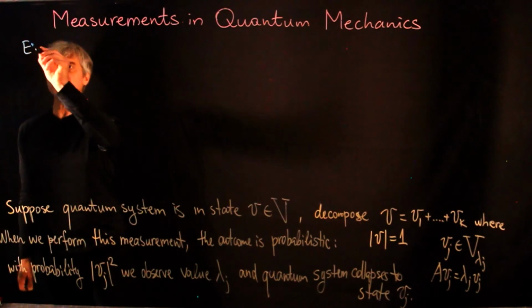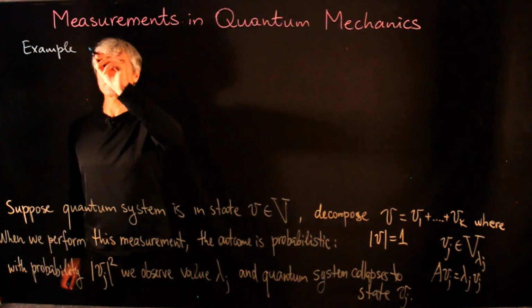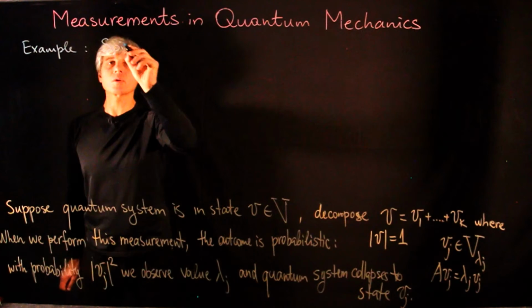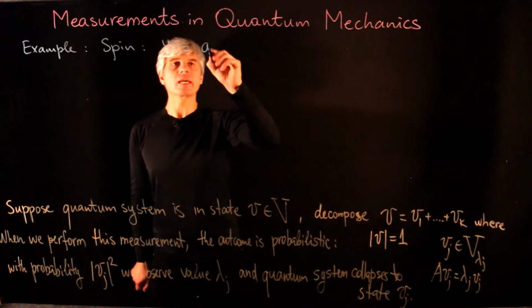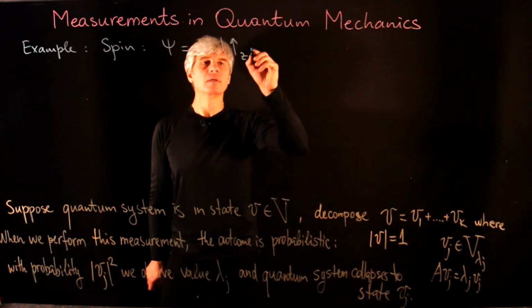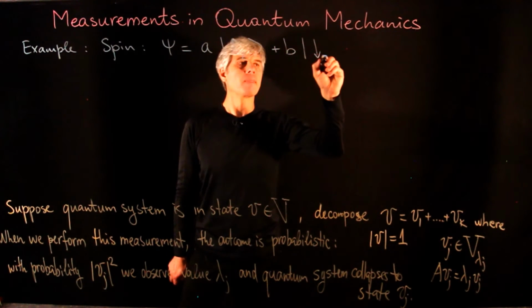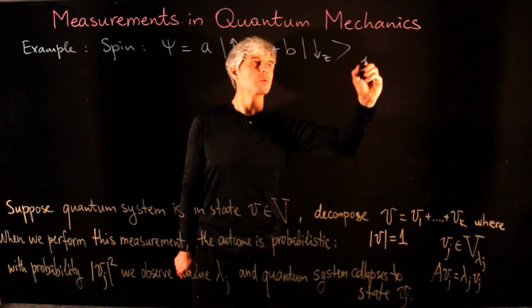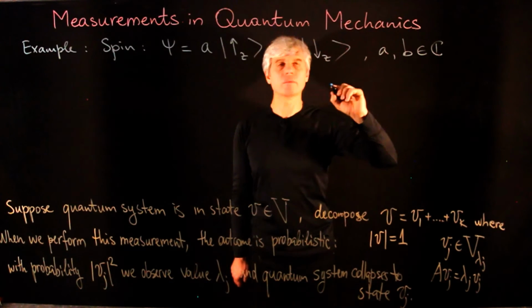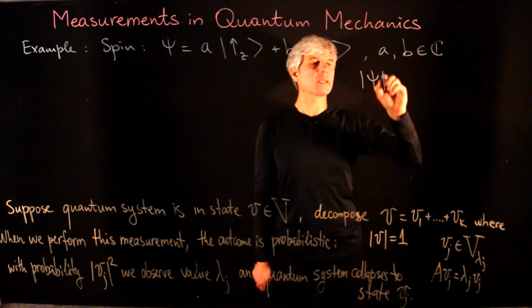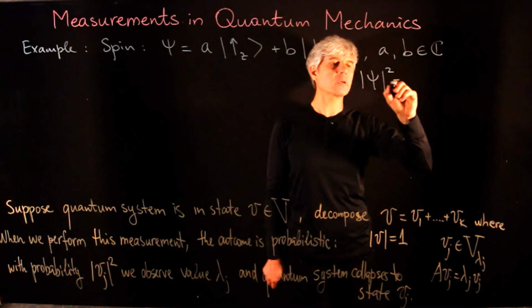Now, as an example, let's consider again the spin of an electron. And suppose we have psi is A times spin up plus B times spin down, where A and B are complex numbers. And so the norm of psi squared is equal to 1.